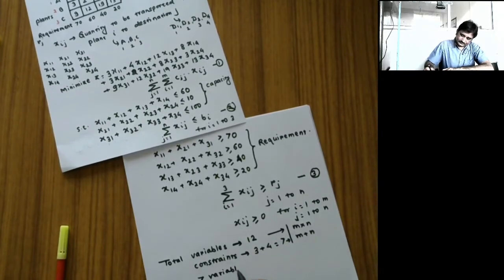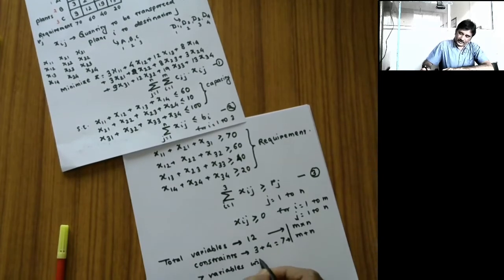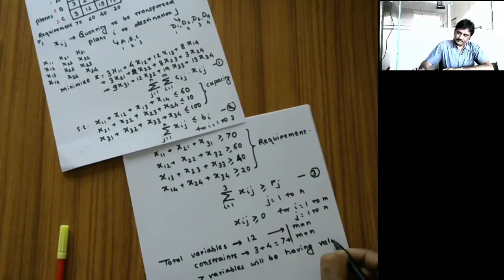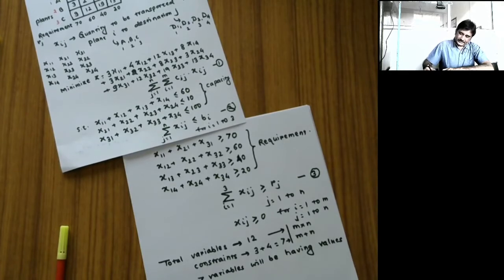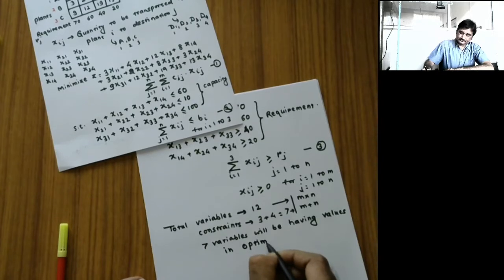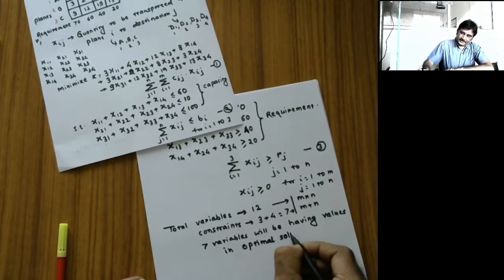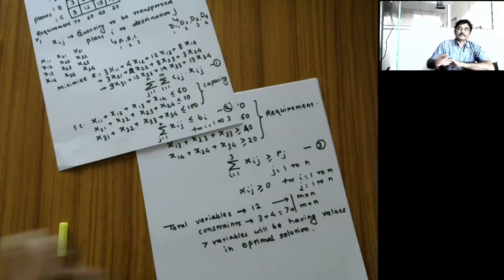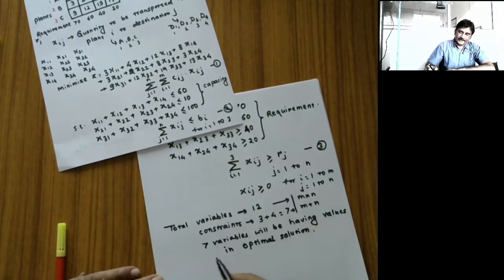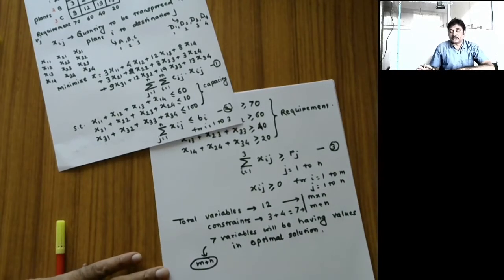7 variables are going to have values in the optimal solution. In general, m plus n variables are going to have values in your optimal solution.